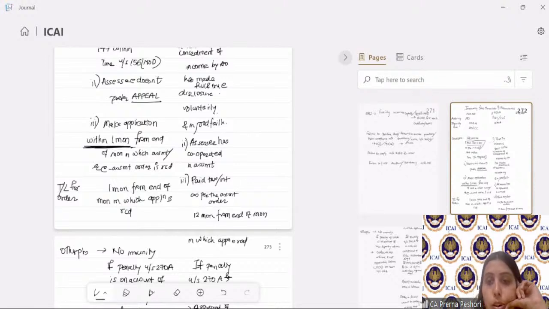So they have to pass the order within 12 months from the end of the month in which the application is received by the PCIT or CIT. Is that clear? Any doubt?